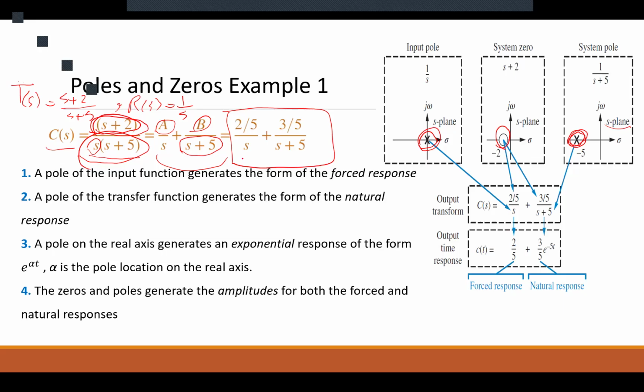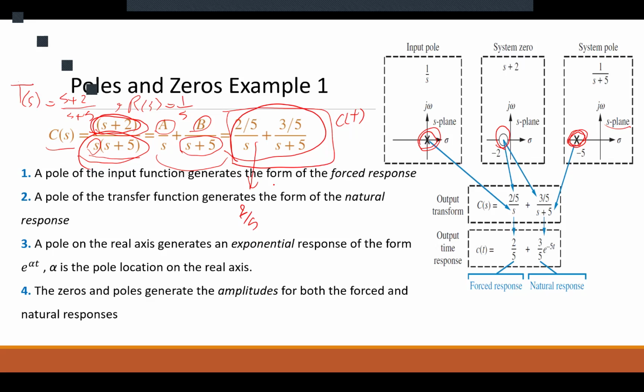What that means, we already know how to find the c of t using the Laplace inverse of these separated terms. Are we good? So this one is going to be 2 over 5. The Laplace inverse of this is going to be 2 over 5. Correct?